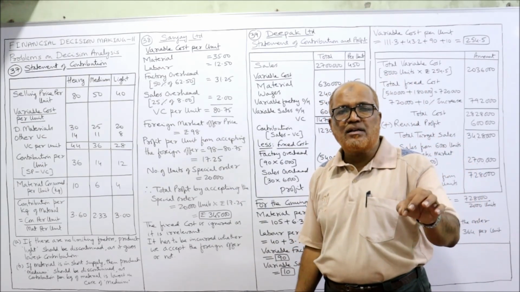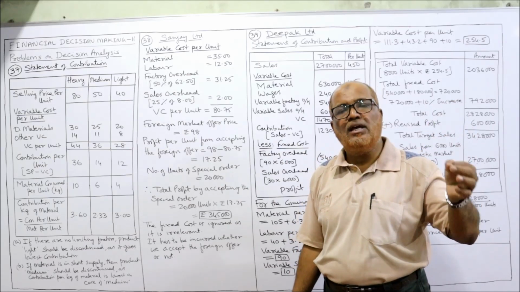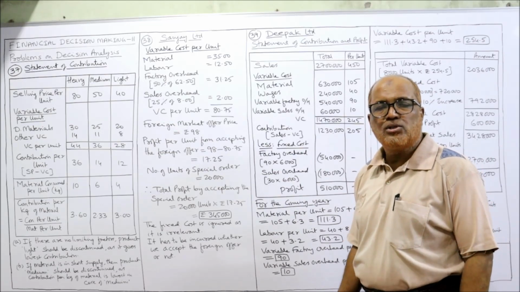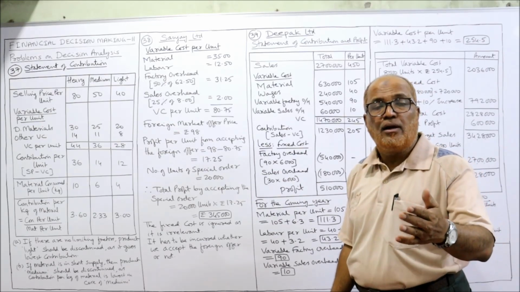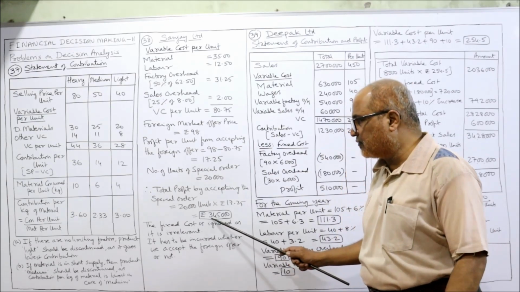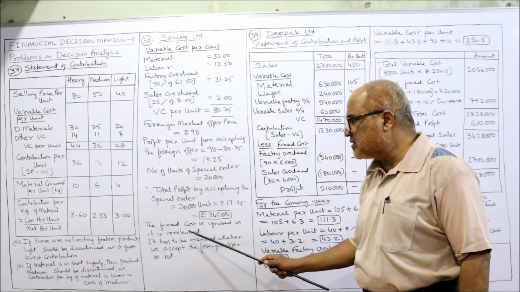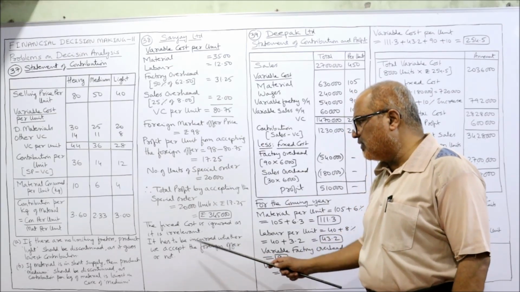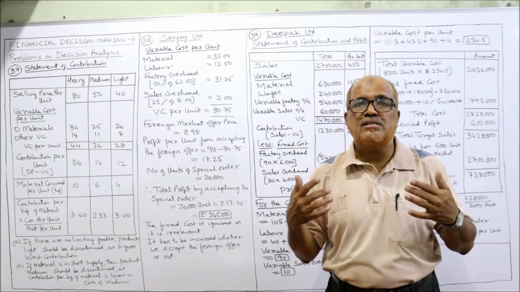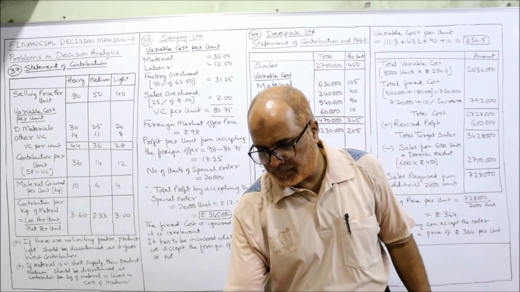So if we accept the foreign offer at 98 rupees, then we get an additional profit of 3,45,000. So we suggest the company go ahead and accept the foreign offer at 98 rupees. We are getting a profit of 3,45,000. The fixed cost is ignored as it is irrelevant. It has to be incurred whether we accept the foreign offer or not, because there is spare capacity available to make those extra 20,000 units.